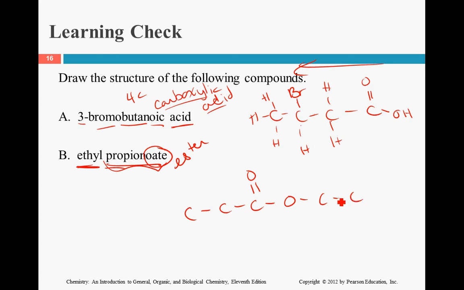This carbon at the end only has 1 bond. That means we need 3 more, and those will all be hydrogens. This carbon has 2 bonds, which means we need 2 more. This oxygen has 2 bonds, which is fine. Carbon has 1, 2, 3, 4. We don't need any more hydrogens here. This carbon has 2. We need 2 more. And this carbon only has 1 bond, meaning we need 3 more.